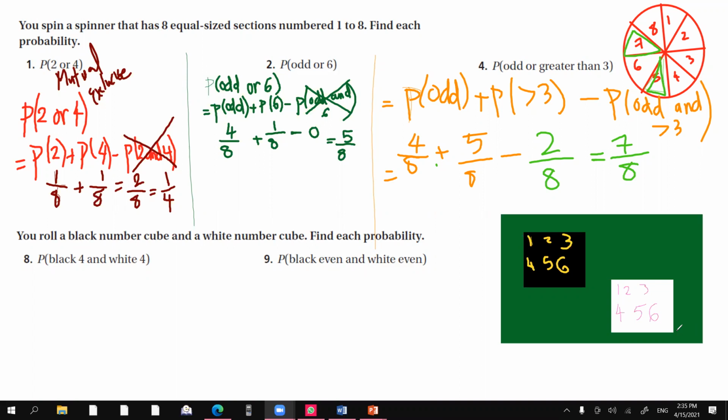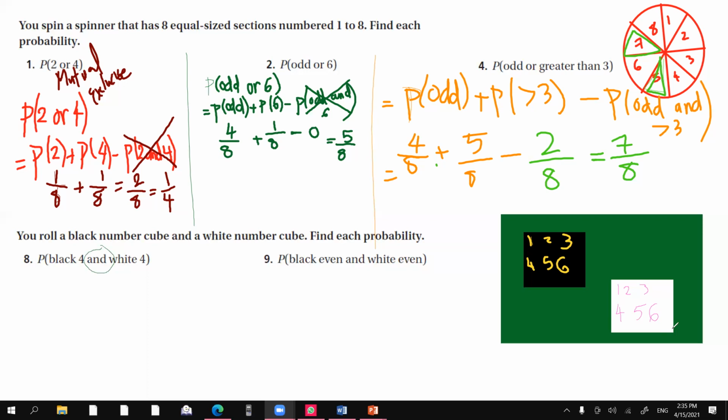Now, when you see the word and, remember that I'm talking about dependent or independent. So the word and, dependent or independent. If I get number 4 from the black and number 4 from the white, do they depend on each other? No, teacher.